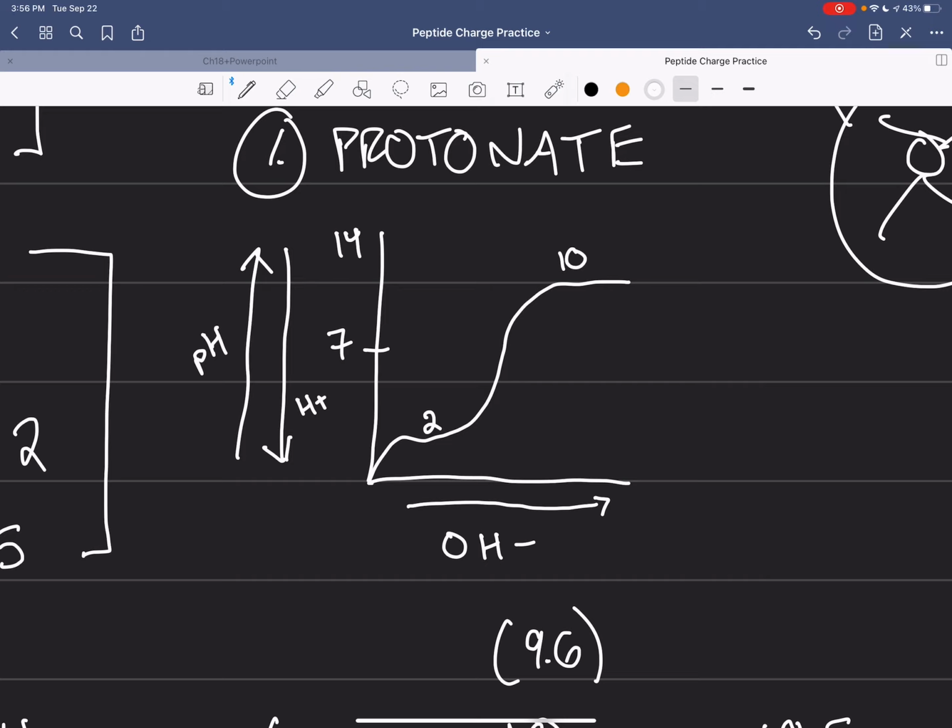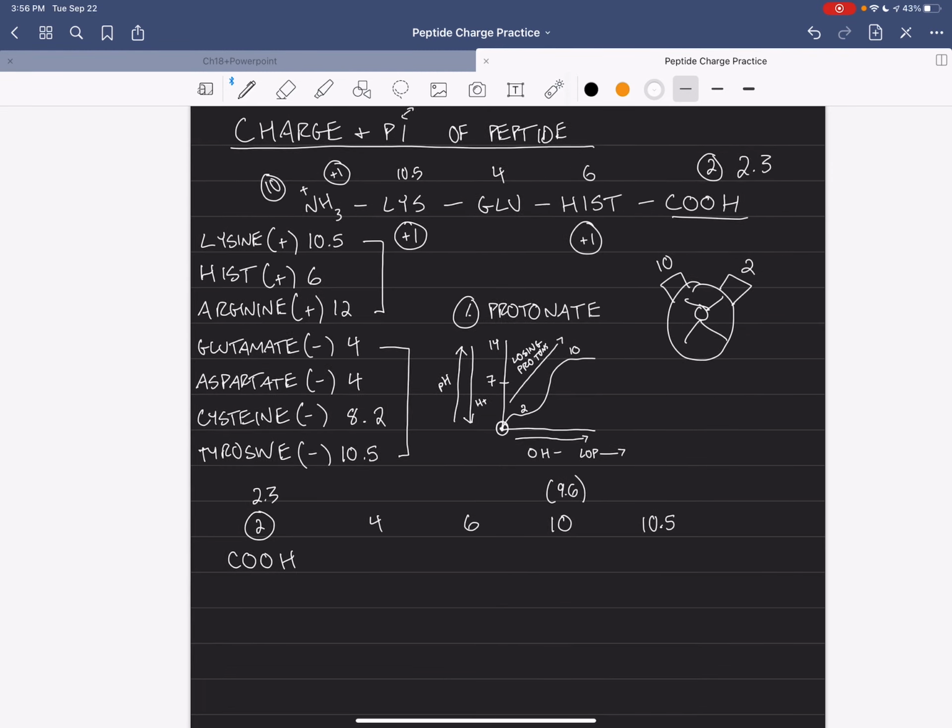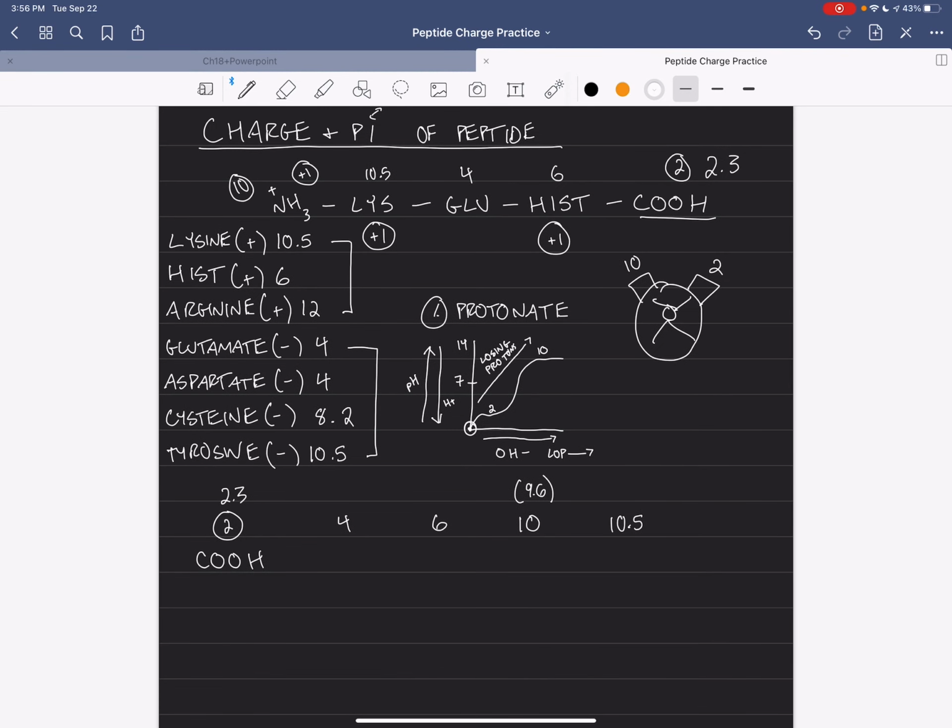And just remember, as you're going to the right, I call it LOP: you're losing protons. So when you're in a fully protonated form, you're really looking at a pH of like 0, lower than any pKa. Nothing has lost a proton yet. That is what we call protonation.